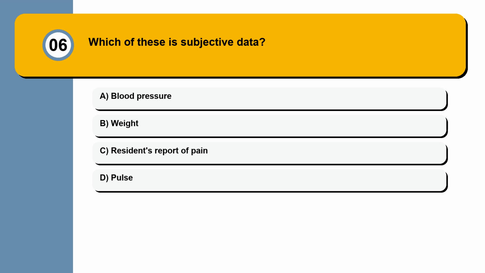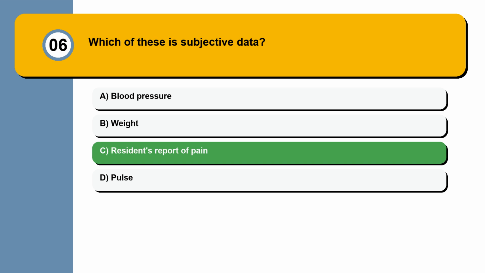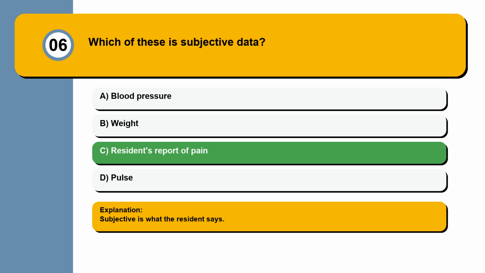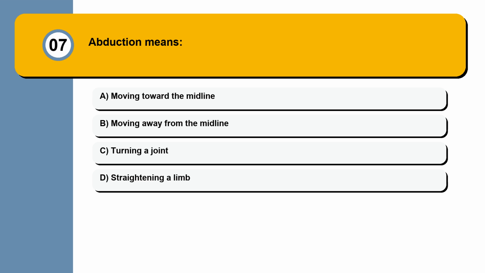Question 6. Which of these is subjective data? Blood pressure, weight, resident's report of pain, pulse. Subjective is what the resident says. Question 7. Abduction means moving toward the midline, moving away from the midline, turning a joint, straightening a limb.